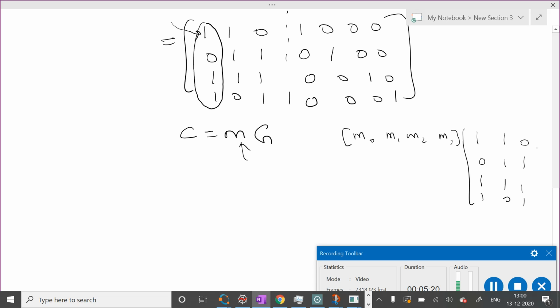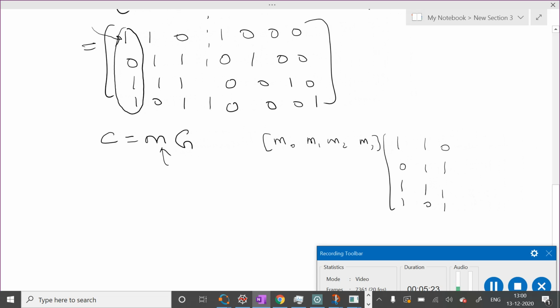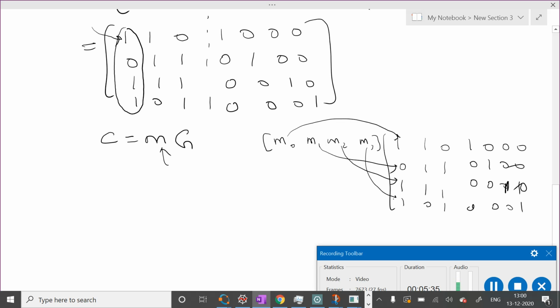Then there is the identity matrix, right? Now this m0 gets multiplied with 1, m1 with 0, m2 with this. So what you get is m0 plus 0 plus m2 plus m3.